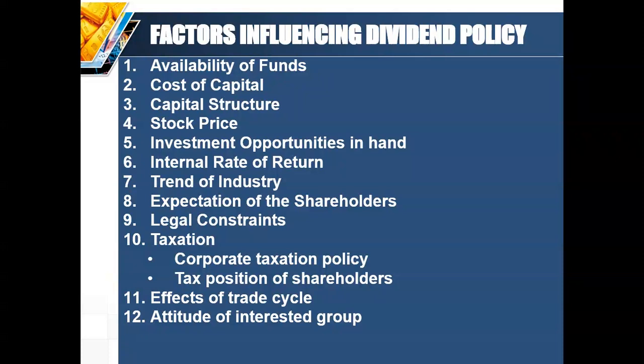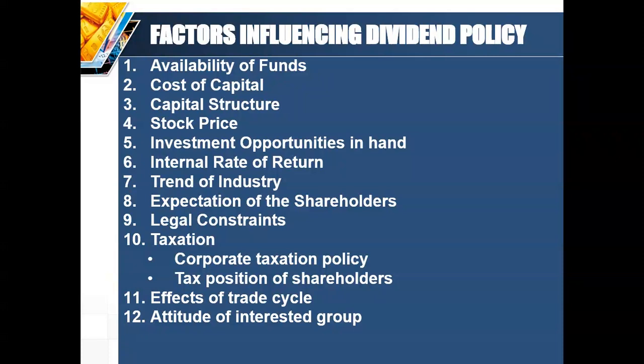Then legal constraints. Section 123 of the Companies Act 2013 came into force from 1st April 2014. What exactly does the provision say as far as the declaration of dividend is concerned?